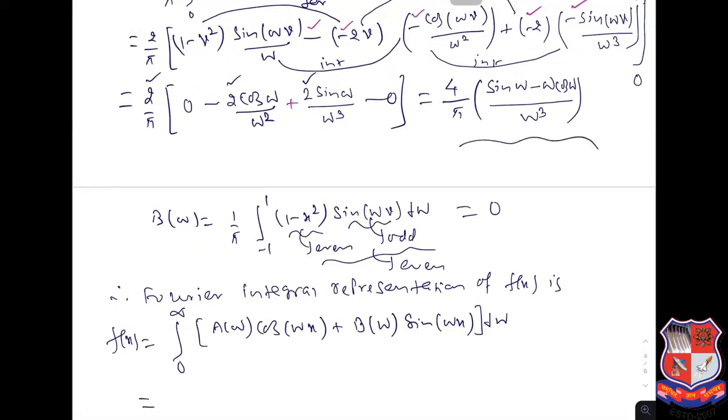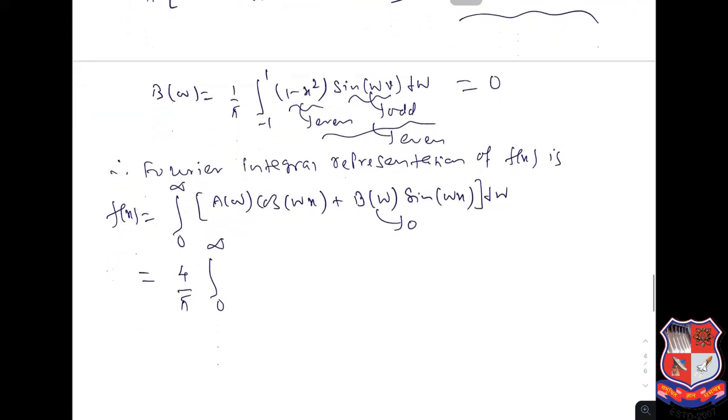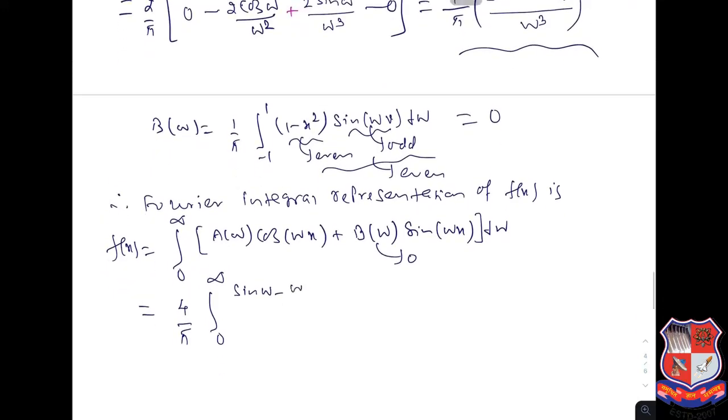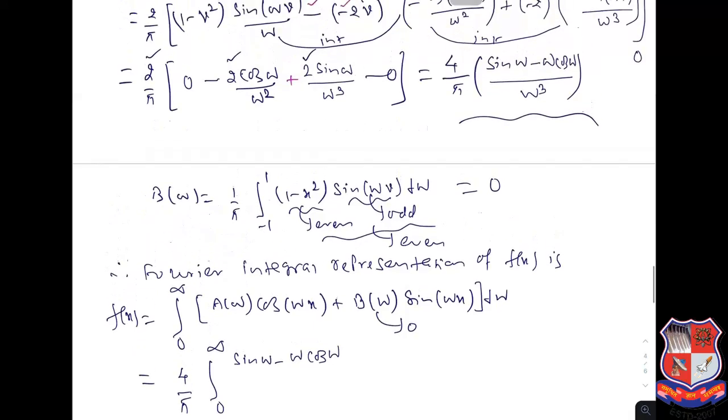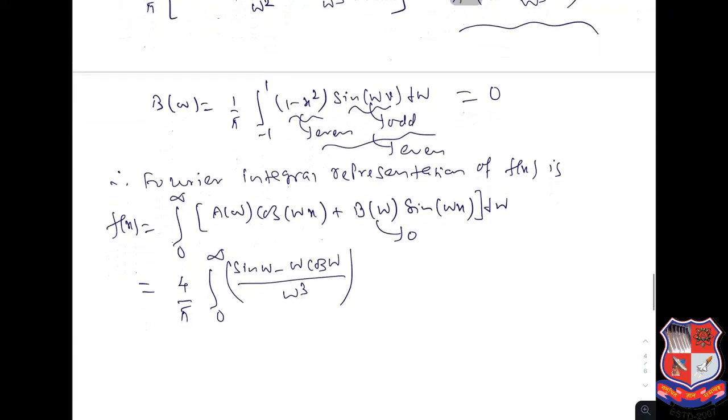We are having A(omega), so that is 4 upon pi, because B(omega) is 0, so we have integration 0 to infinity sine omega minus omega cos omega over omega cube, like this, into cosine omega x d omega. So that is the answer. Thank you.